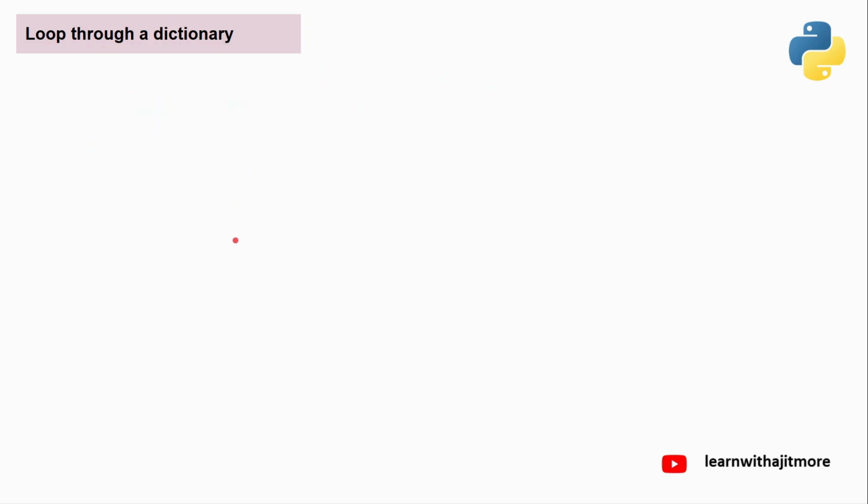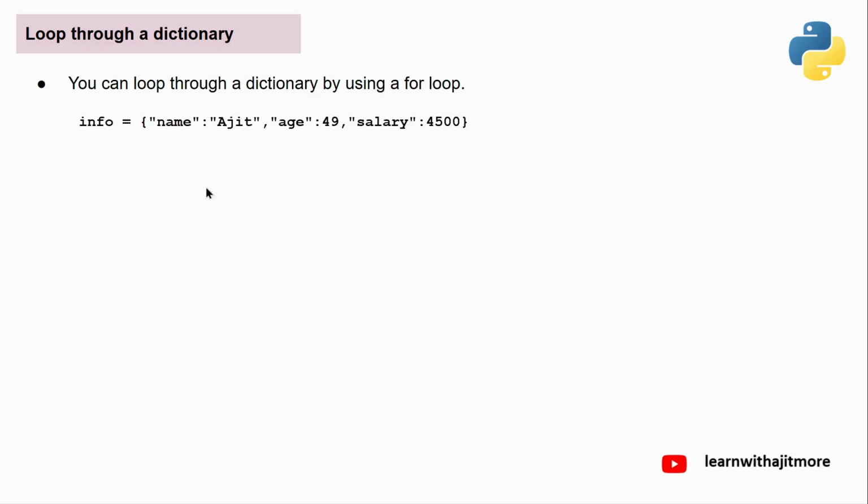Okay, and there are other ways also. So you can loop through a dictionary by using your standard for loop. Suppose this is your dictionary, and suppose you want to print all the key names in the dictionary. Only the key names you want to print. So there are provisions given.